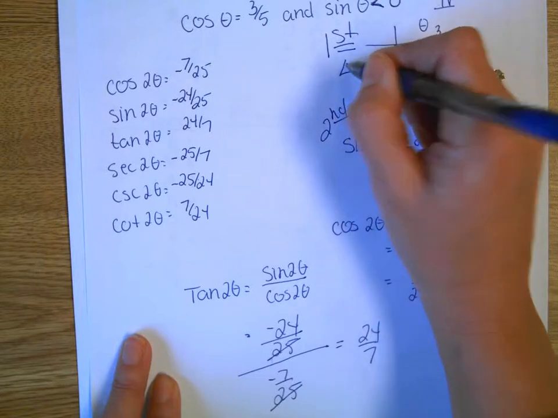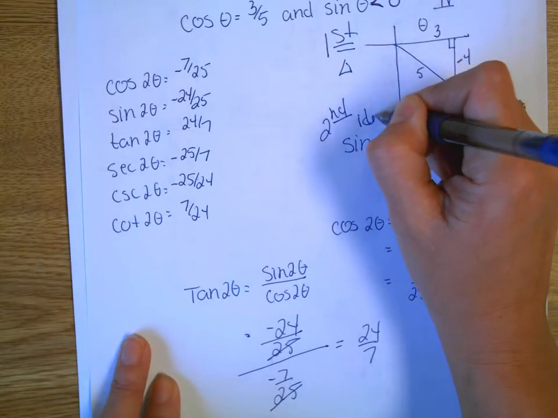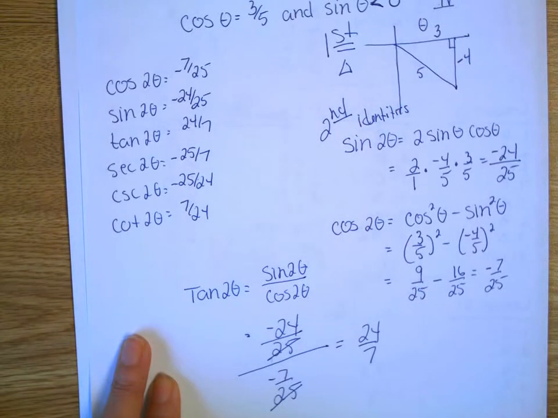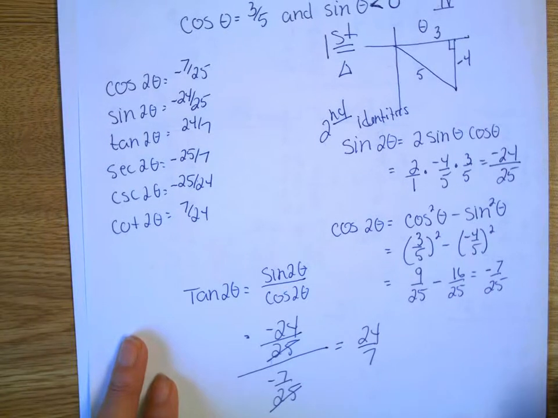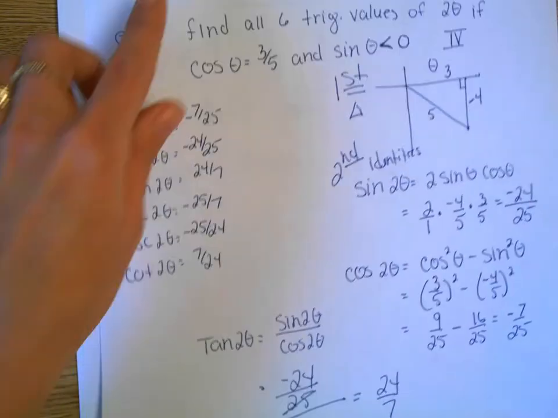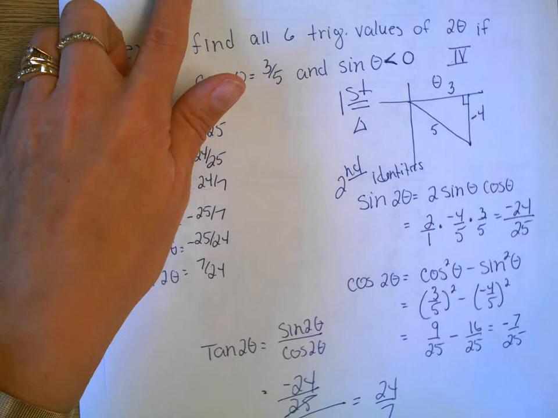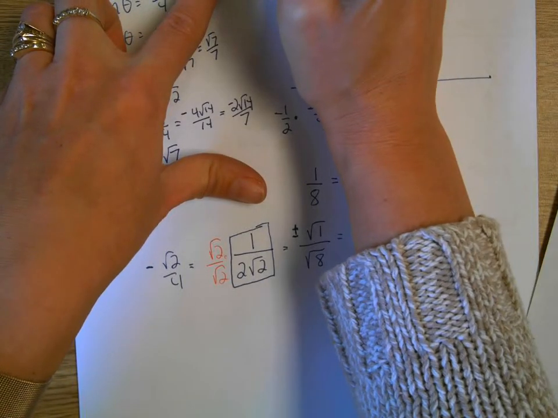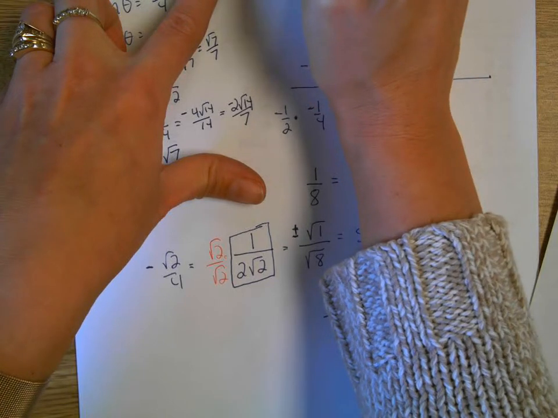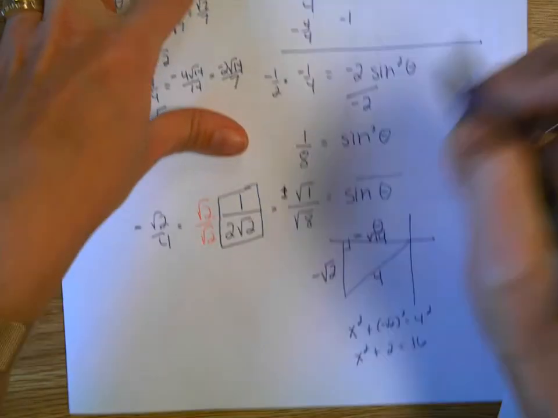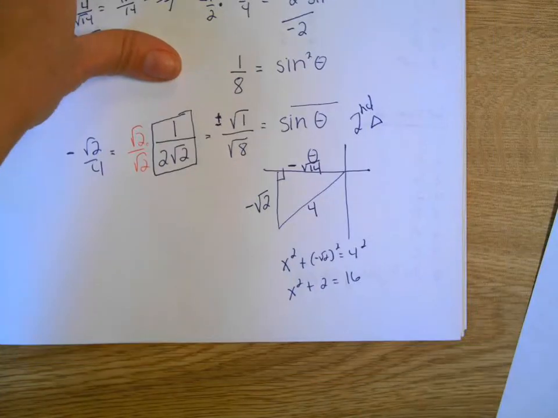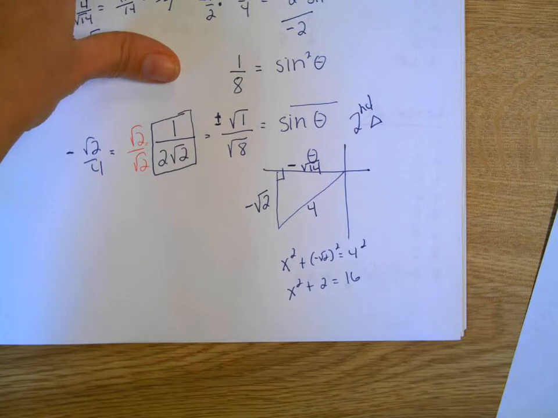So first triangle, second identities. The second kind we had, I started with 2 theta information, so we first start with identities, and second is the triangle. So pay attention to what information you're starting with.